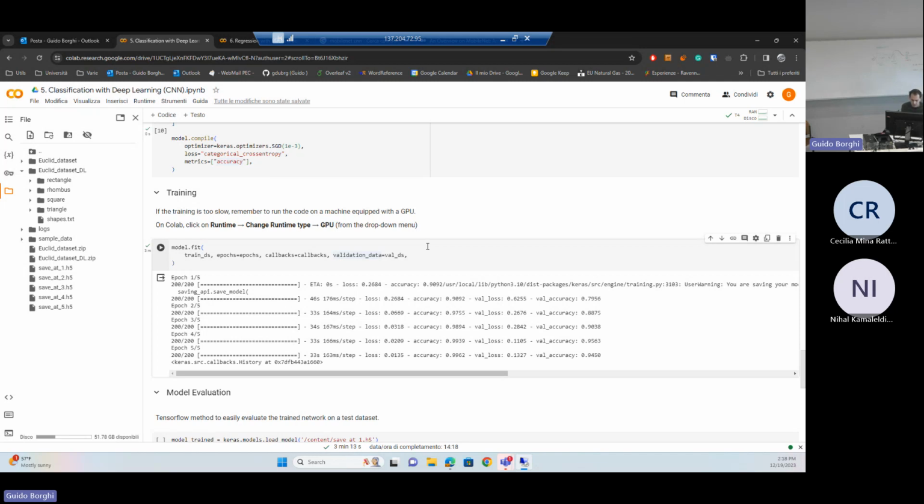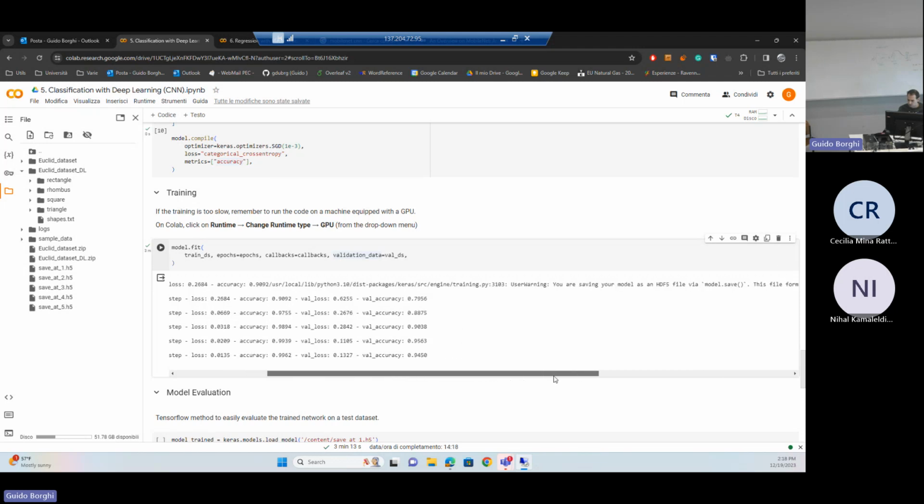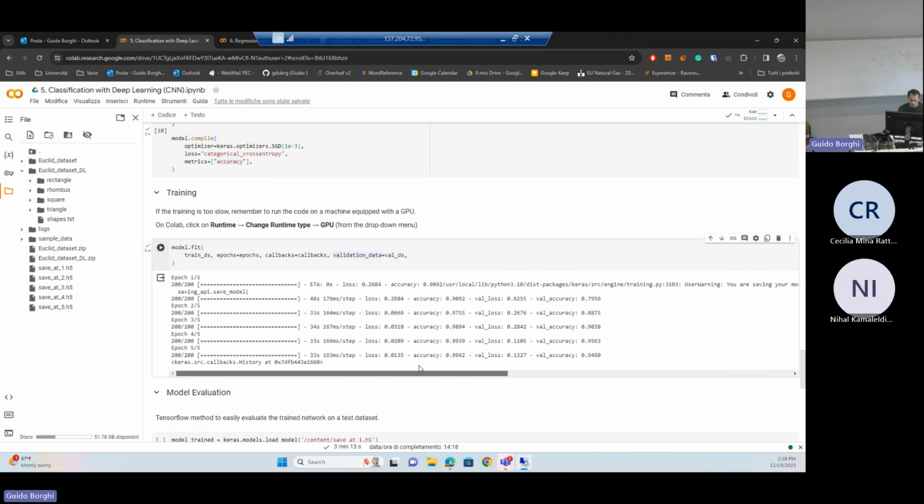We can analyze the outputs of our procedure. You can see that, okay, here we have a warning, but it's not important for us. It's a usage warning about saving our model using HDF5, but it's not important for us.